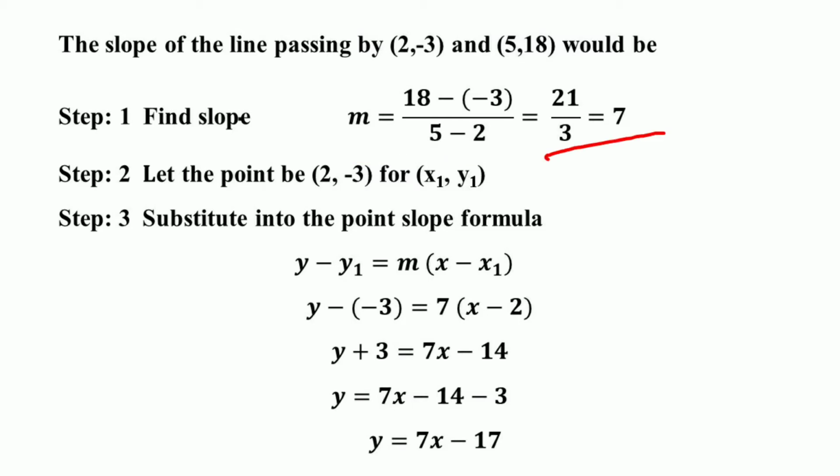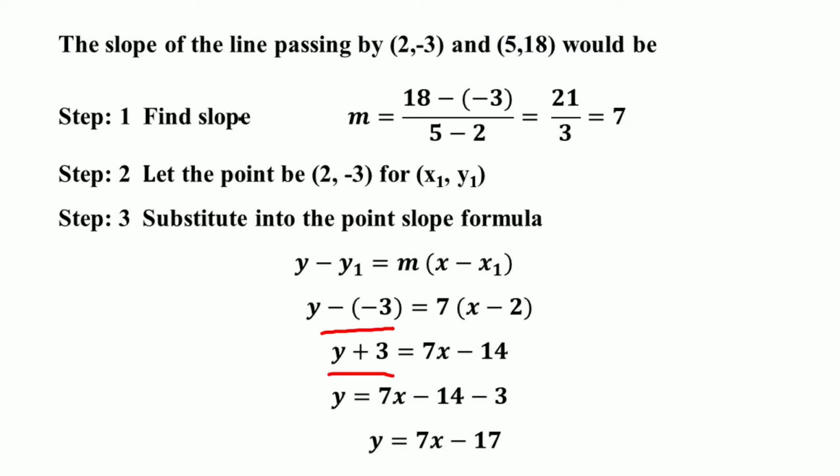Now the second step is to consider the first point, that is 2, minus 3, which gives the values for x1 and y1. Then substitute these values of x1 and y1 and also the value of slope in the formula y minus y1 equal to m into x minus x1. So y minus the value of y1, which is minus 3, is equal to the slope which is already calculated, 7, into x minus the value of x1, which is 2.